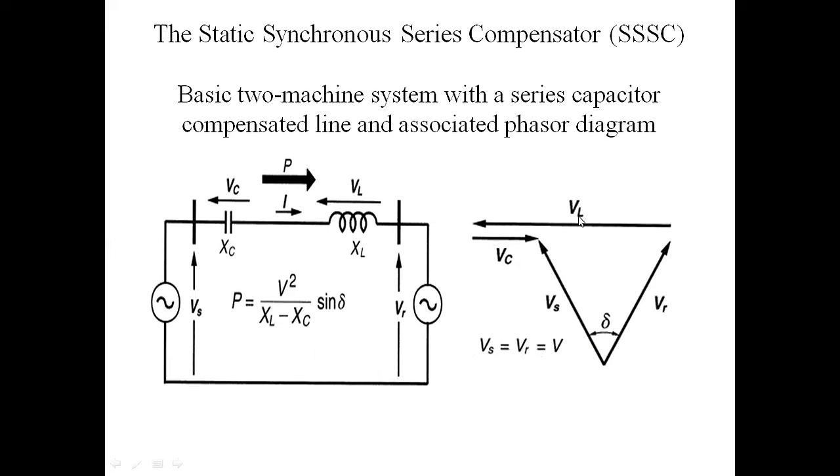This is VL, and this is VC. VC is the voltage injected by the capacitor, and VL is the voltage across the inductor. When we inject the capacitor voltage, the resultant voltage is decreasing, and the total inductance is effectively reduced. This is the basic two machine model with series capacitor compensation.